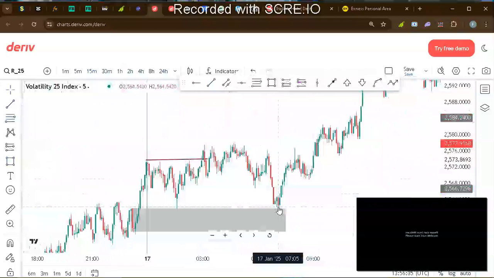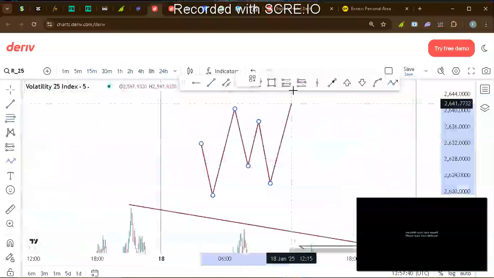So another one, which is the first one that I drew: you are going to see market break structure to the upside, break structure to the upside, then it pull back, giving you another break. Be expecting that market to take this low out, coming back to your order block, and then it push all the way up. So it's very simple, just understand it and you will be fine.